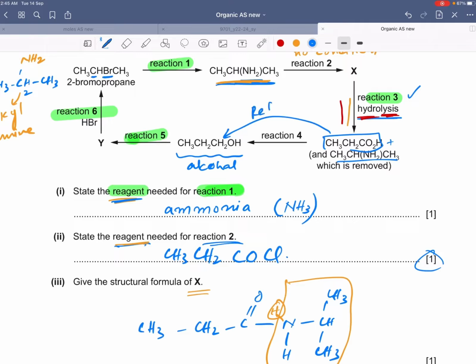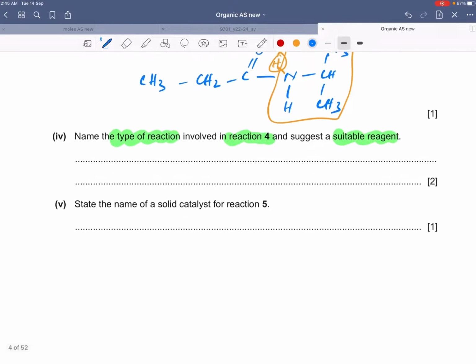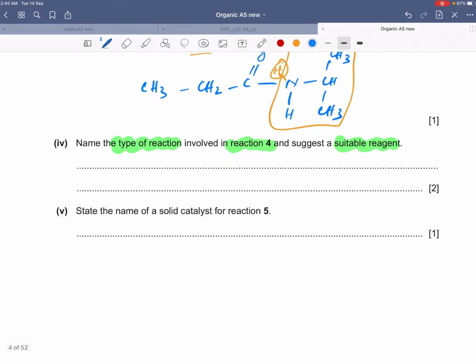So this is reduction of carboxylic acid. And to reduce carboxylic acid, we need some strong reducing agent. So that would be LiAlH4, lithium tetrahydroaluminate, right? So the type of reaction is reduction.